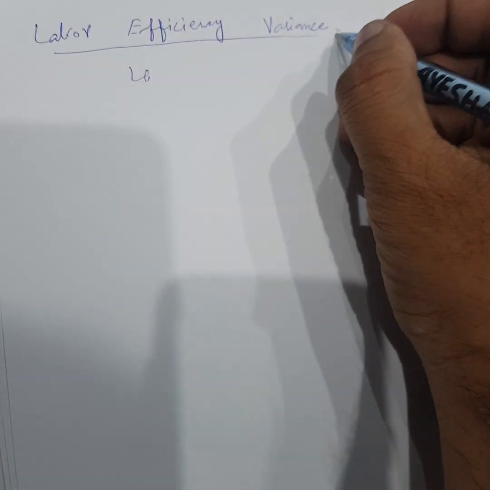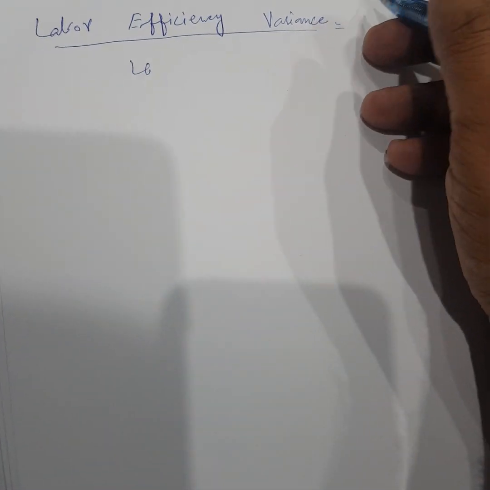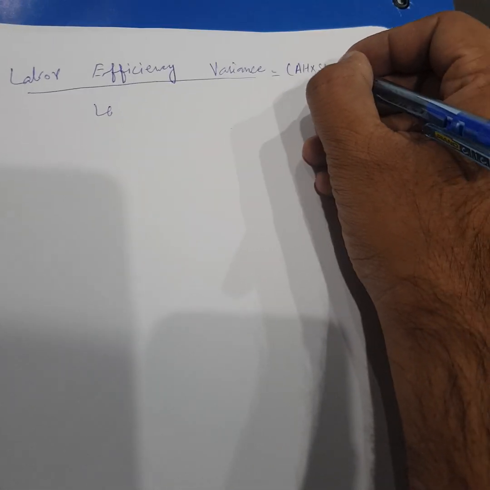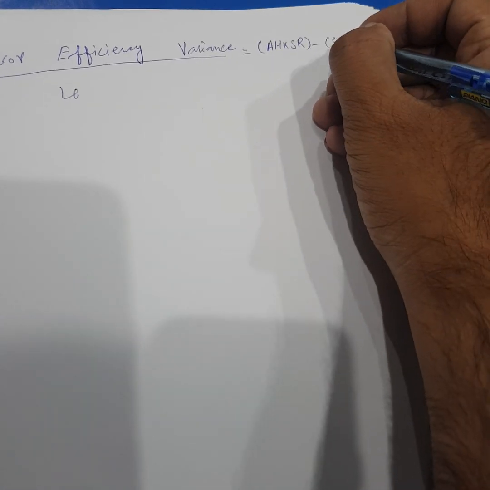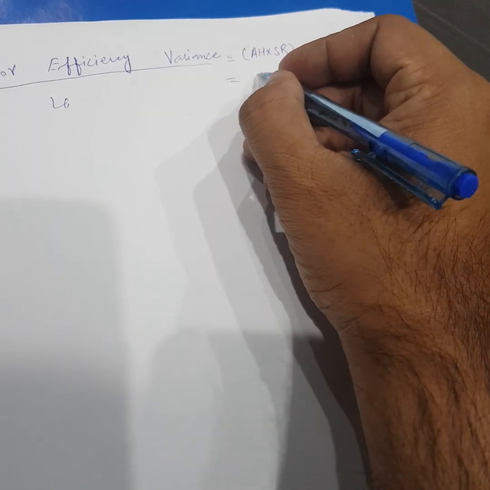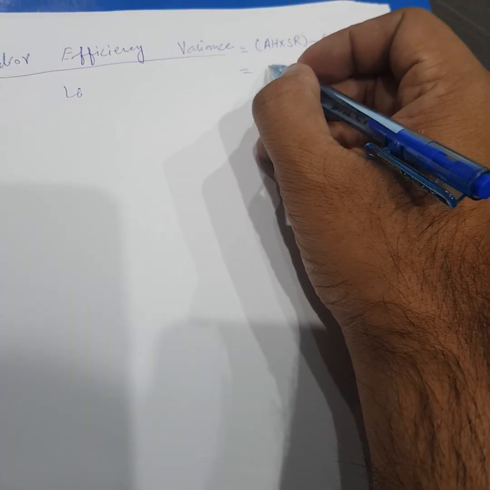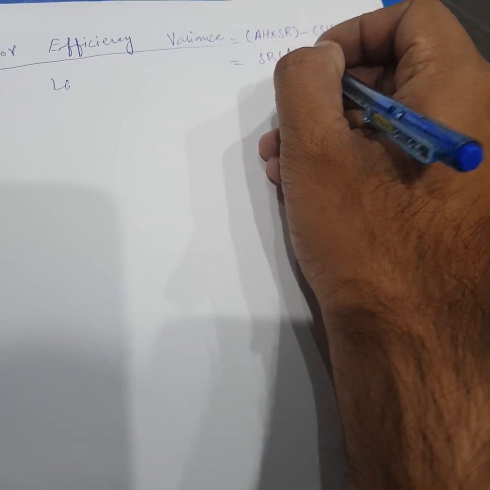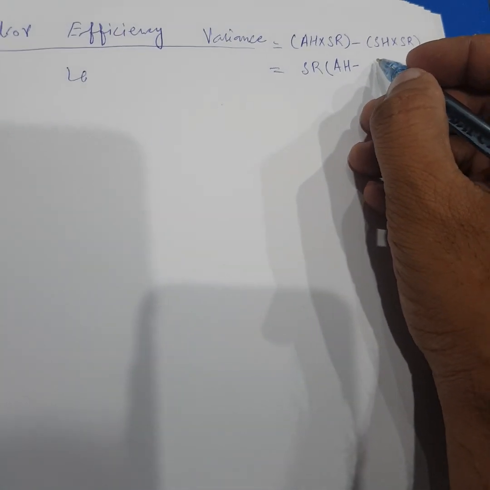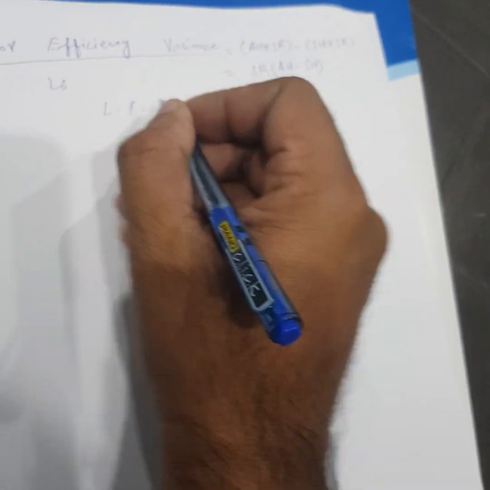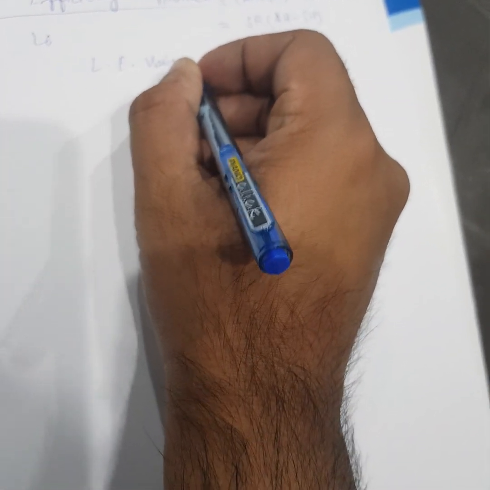Labor efficiency variance can be calculated by actual hours multiplied by standard rate minus standard hours multiplied by standard rate. By using algebra, this becomes standard rate into actual hours minus standard hours.